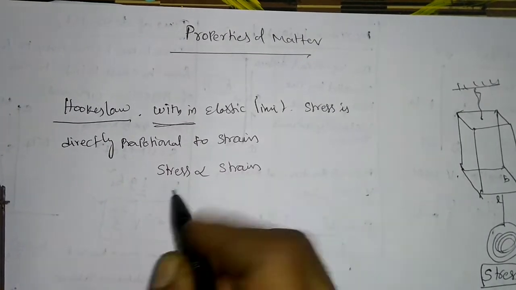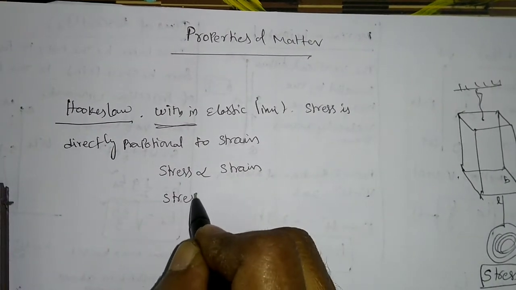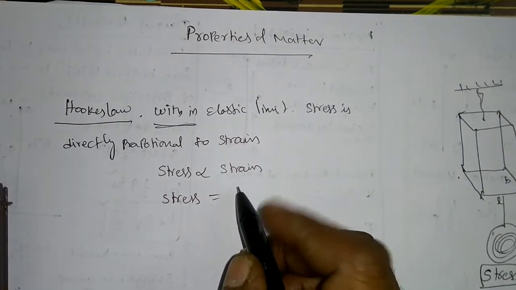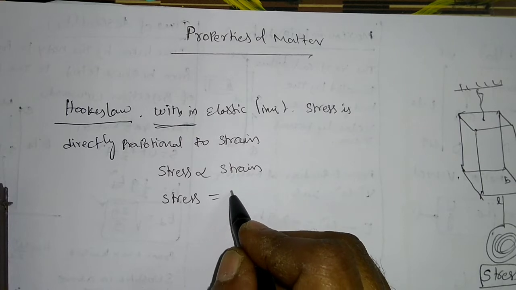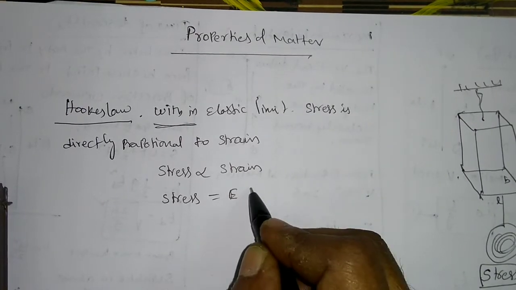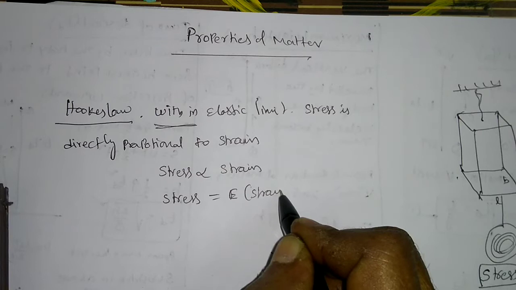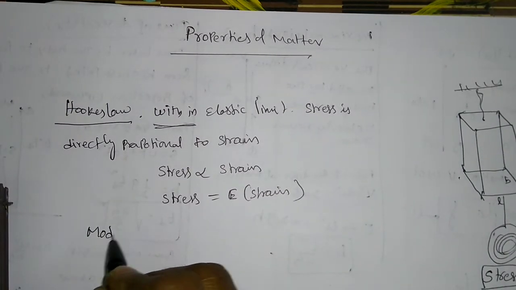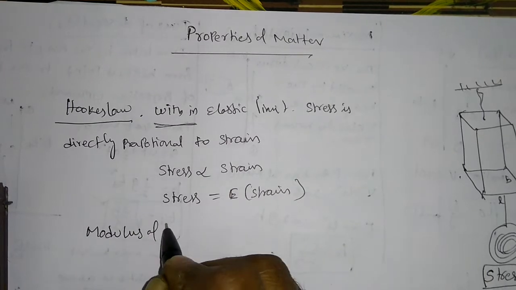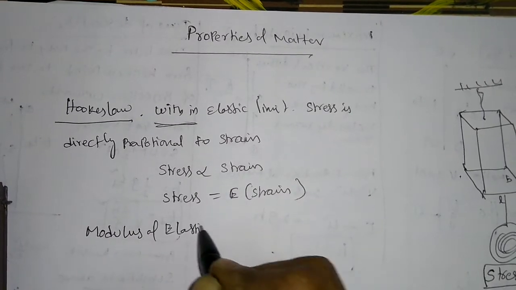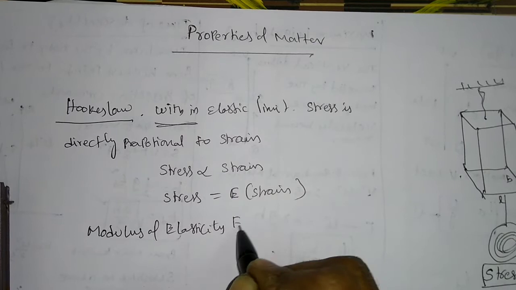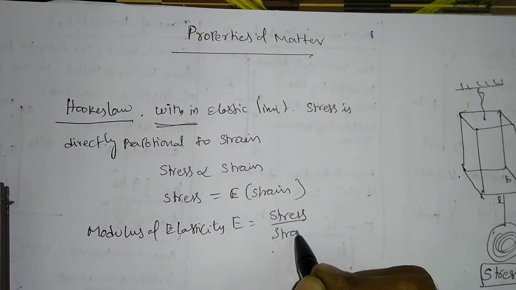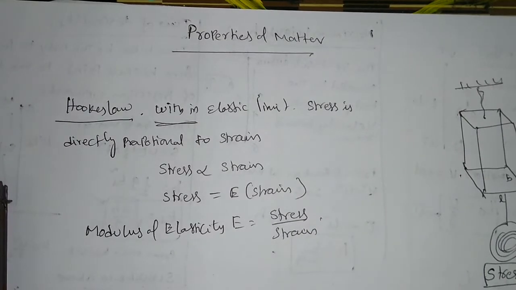To remove the proportionality, a constant is introduced, which we can call sigma, or E: stress equals E into strain. So E is nothing but the modulus of elasticity. Modulus of elasticity E is equal to, simply, stress by strain. So this is the basic definition of Hooke's law.